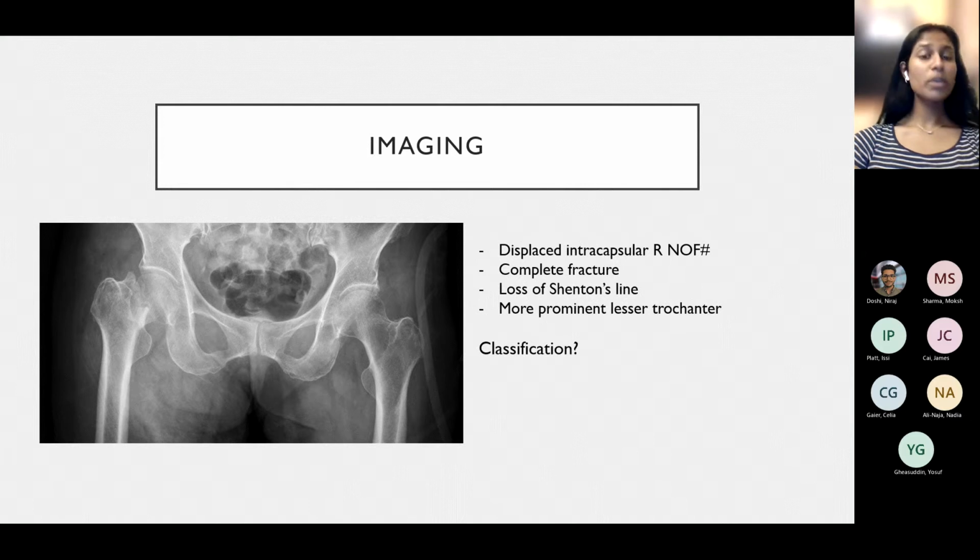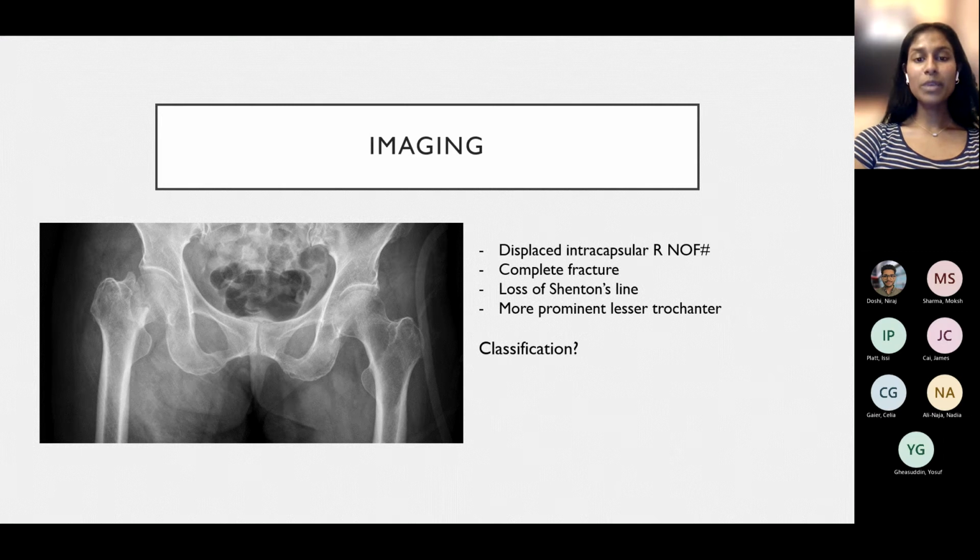Weber's is a classification that we use, not for intracapsular neck of femur fractures, but does anyone know what we do use Weber's for? It is the lower body. That's not a very good clue. Sorry, Niraj, it's a good attempt, though. All right, so it's called the Garden classification, which is what Niraj was trying to point to.